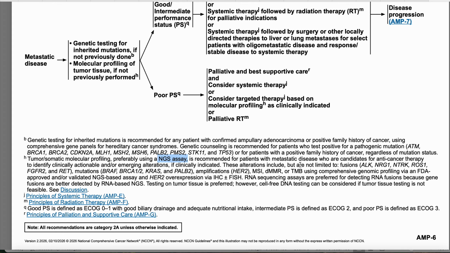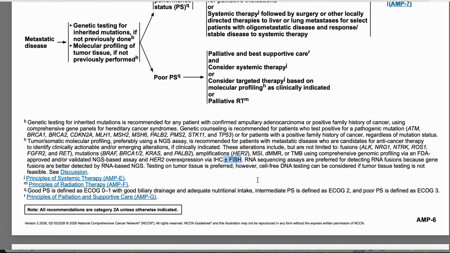These alterations include but are not limited to fusions like ALK, NRG1, NTRK, ROS1, FGFR2, RET, mutations like BRAF, BRCA1, 2, KRAS, PALB2, amplification of HER2, MSI, dMMR, TMB using comprehensive genomic profiling via FDA approved or validated NGS-based assays, and HER2 overexpression via IHC or FISH.